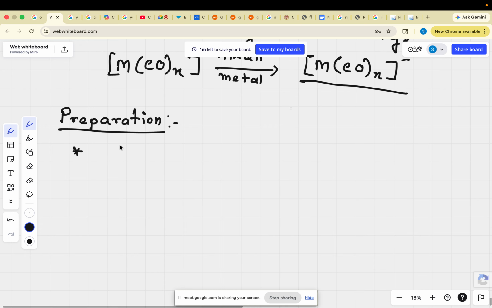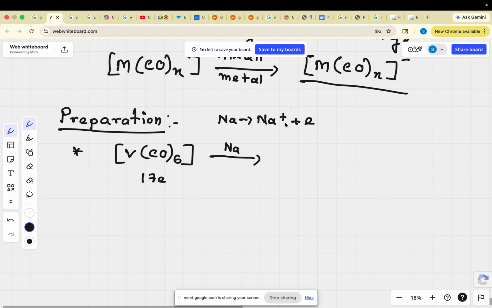Preparation. Suppose you have this compound, V(CO)6, vanadium carbonyl. If I react with sodium, what will happen? How many electron system is it? 17 electron. In Birch reduction in organic chemistry we have done, sodium releases one electron and becomes sodium plus.